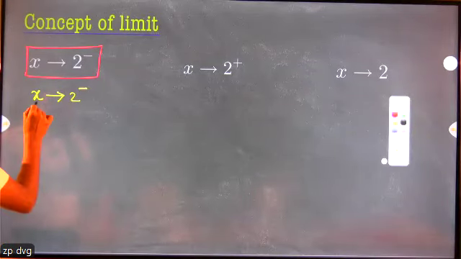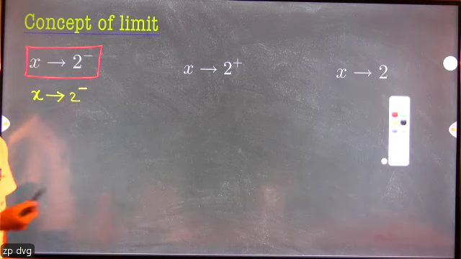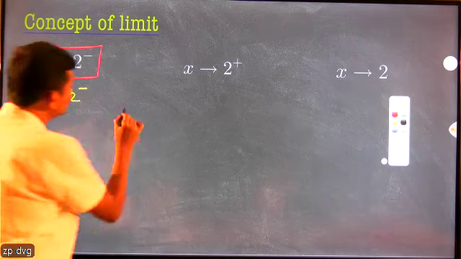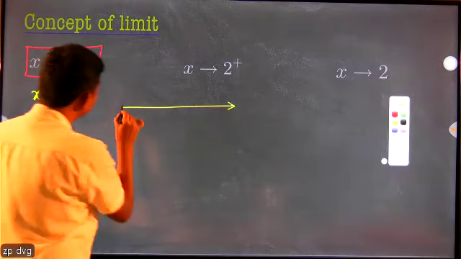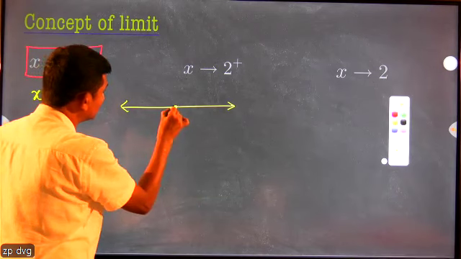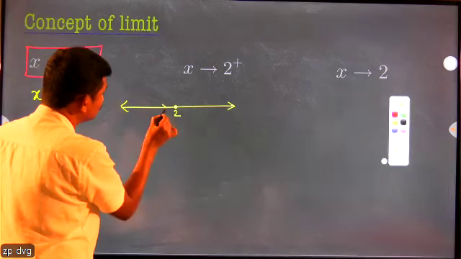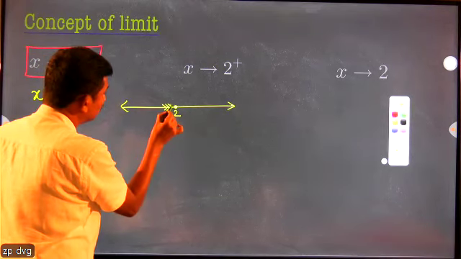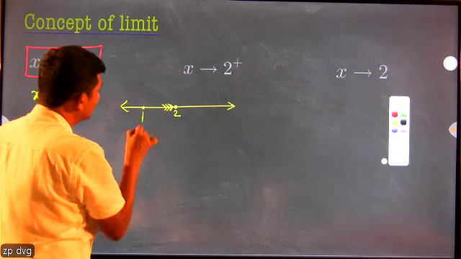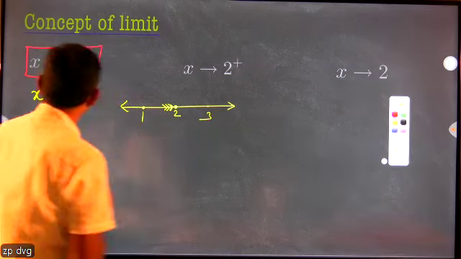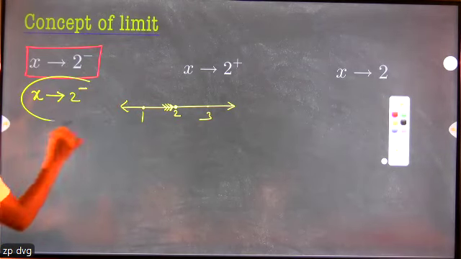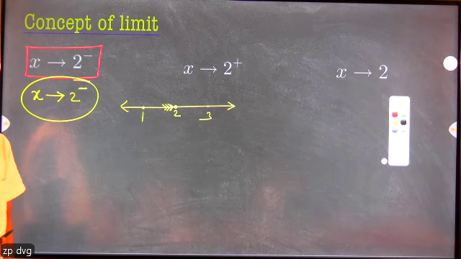It means x is approaching 2 from the left. On the number line, if you mark 2 here, x approaches 2 from the left. On the number line, on the left side 1 will be there and here 3 will be there.